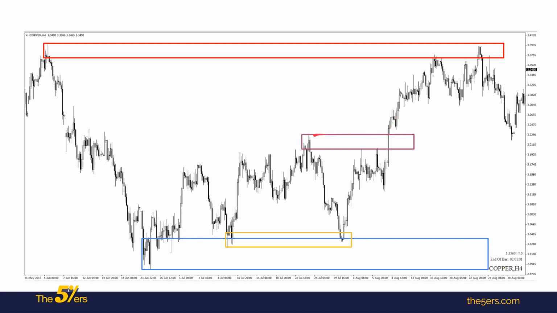This changes the whole zone from being a supply zone that has more sellers into a zone that has more buyers, because the market is showing us that this zone now has more buyers that drive price up. So next time, if we stretch this, we can see that in the future, when price came back the first time to that new demand zone, it reacted up.